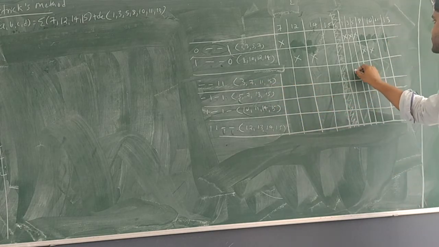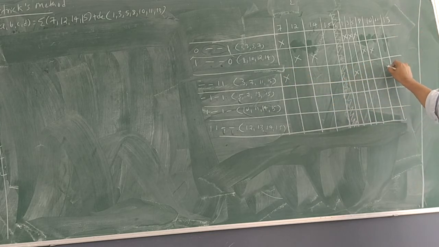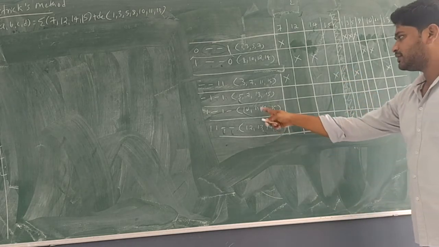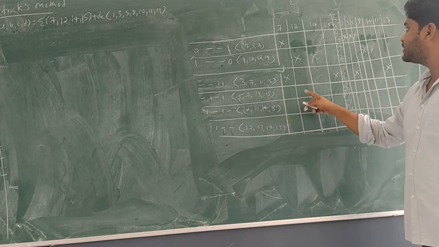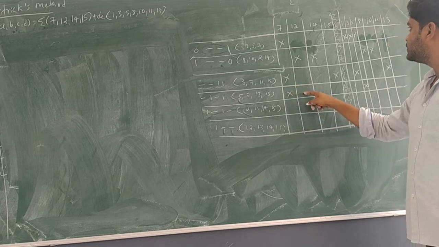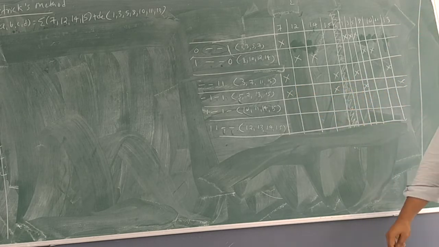Next, 3, 7, 11, 15. Next, 5, 7, 13, 15. Here is 5, here is 7, 13 is last, 15 is back. Okay.